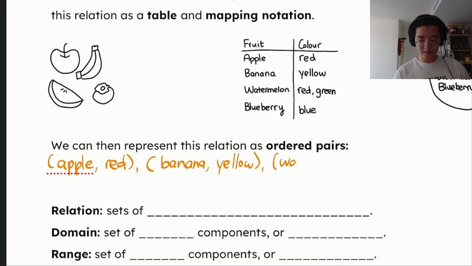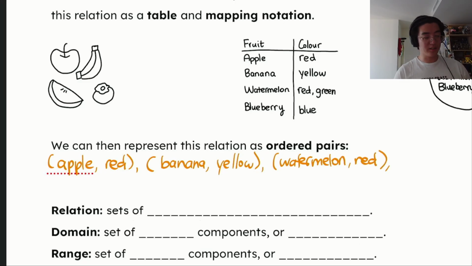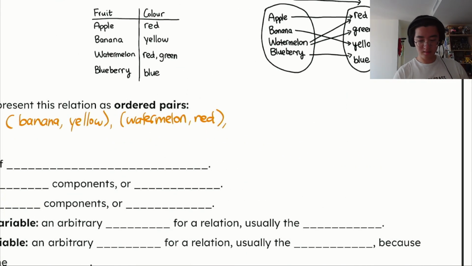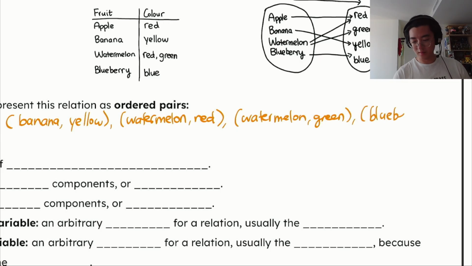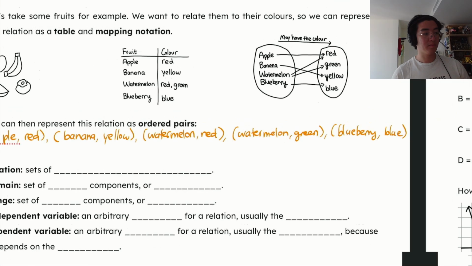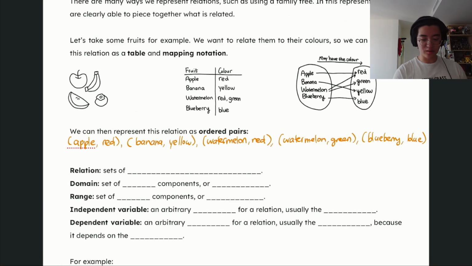Watermelon comma red again, but also watermelon comma green. And then blueberry comma blue. Okay, so that's ordered pairs.